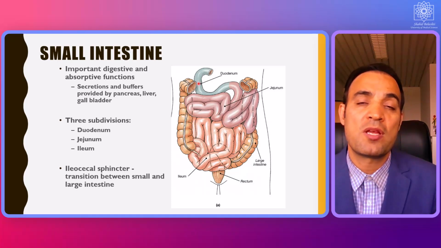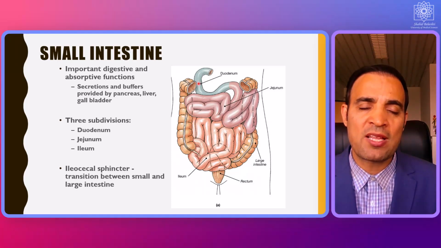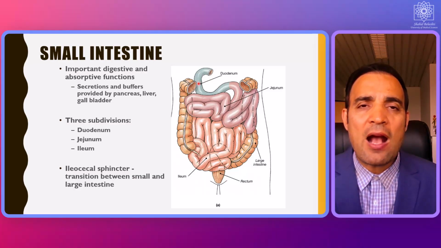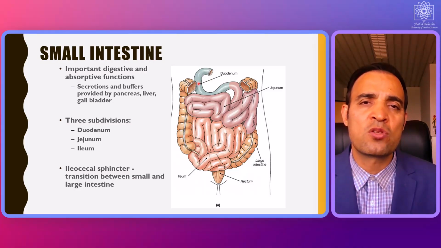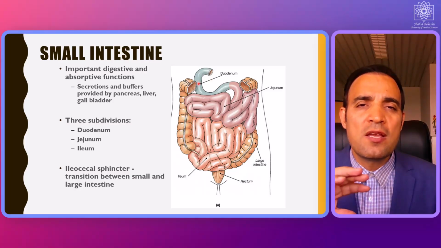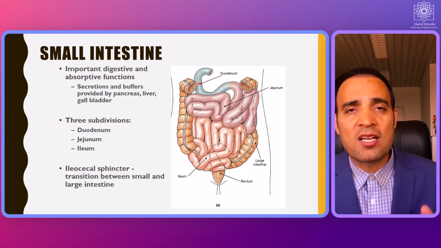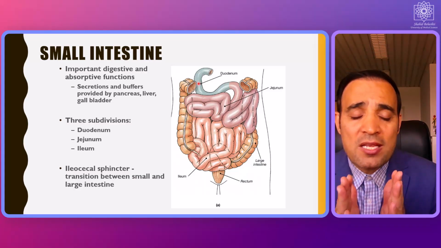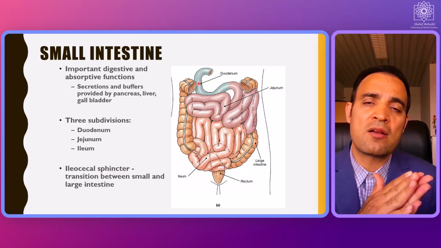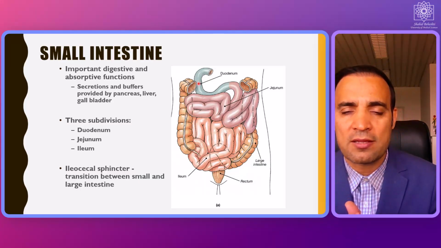and then absorbed. In the next sections that I am talking about, the absorption and digestion, you will understand how important it is for the food content to be mixed with the enzyme, to move from one side to another side, and make enough contact between the intestine mucosa and the food content.